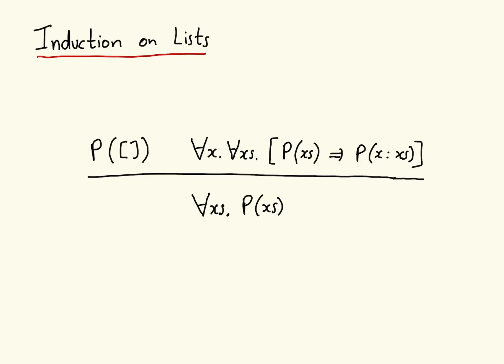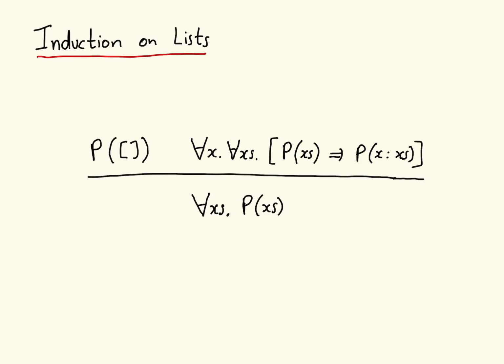Okay, so again, just to read this in English one more time, the conclusion says, if you want to prove that some property p is true for any old list xs, then the preconditions say that you prove the base case, which means that the property is true for the empty list, and then you prove the inductive case, which says if it's true for any old list xs, then it's also true if you put one additional value on the start using the colon operator.